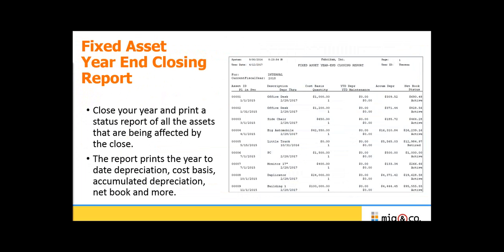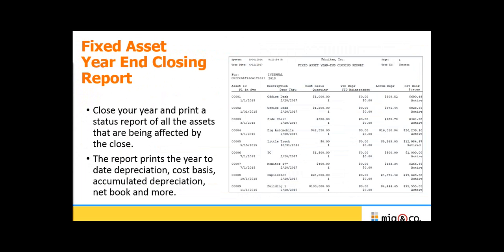We're very geared as people to expect a report to generate at the end of something. It's like that signal to let us know that we're finished. So now we have added this. We don't have to log into Process Monitor anymore to see if it's finished. This report will print a list of all the assets that were affected by the year-end close for the book that we are closing.